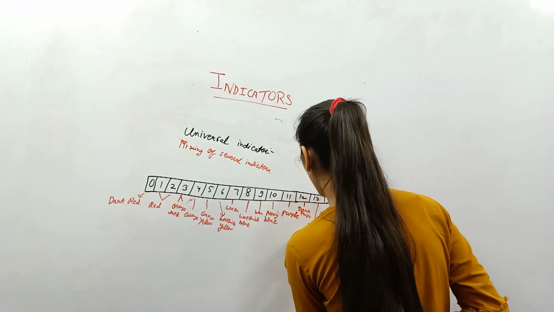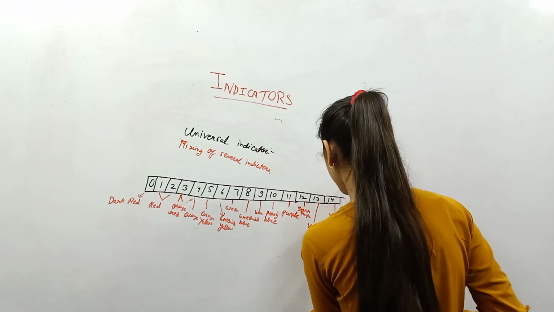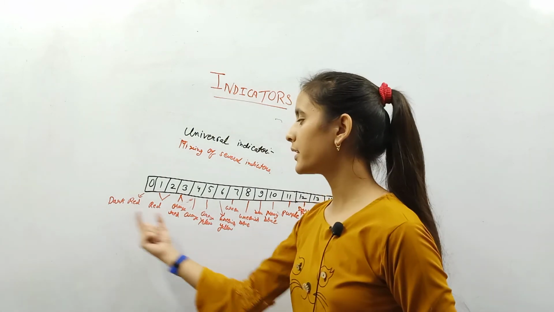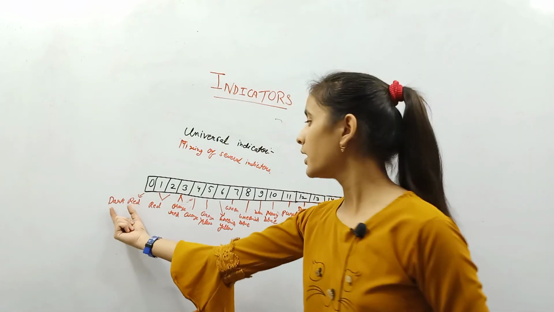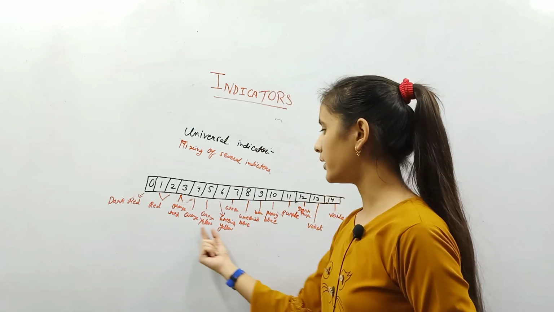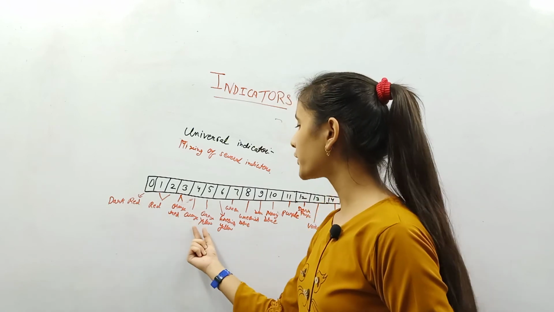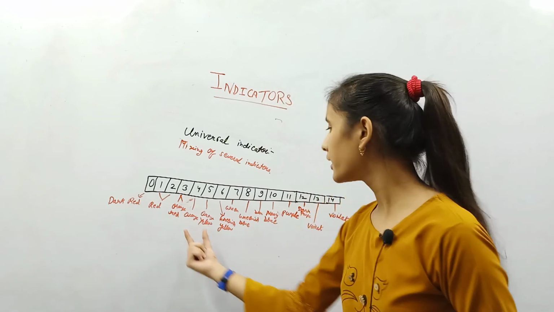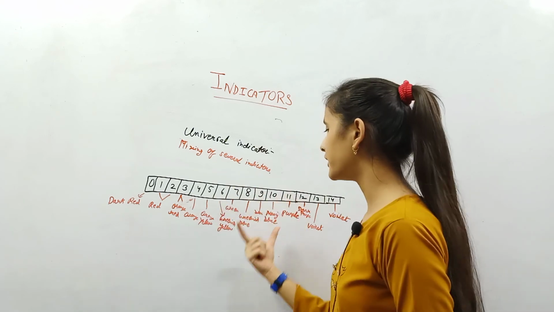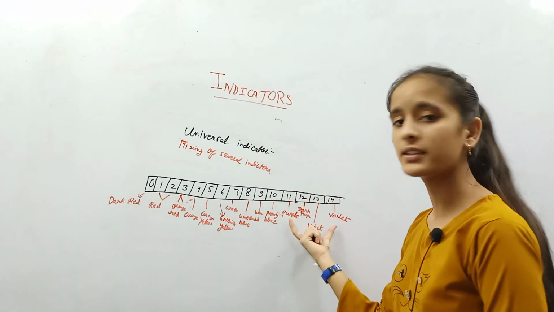The 13th is violet, and the 14th is also violet. We can understand that these are the colors. 1, 2, 3 are very strong acids, 4th, 5th, 6th are weak acids, and the 7th is neutral. 8, 9, 10 are weak bases, and 10, 11, 12, 13 and 14 are strong bases.